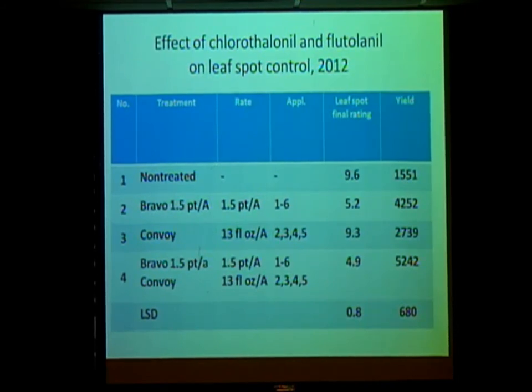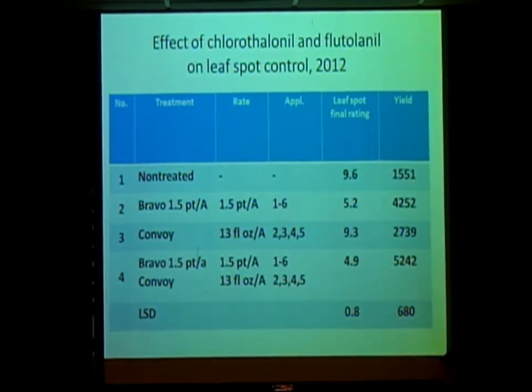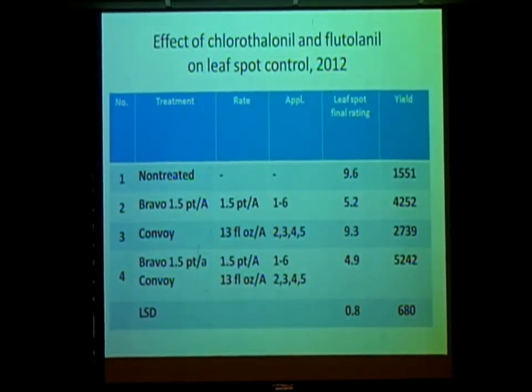So that combination we've been looking at for several years now, still holding up very well. No resistance problems that we've seen at all with chlorothalonil. It's not the most effective fungicide we have for leaf spot control, but it still does very well, especially if you can keep it on ahead of the leaf spot epidemic.